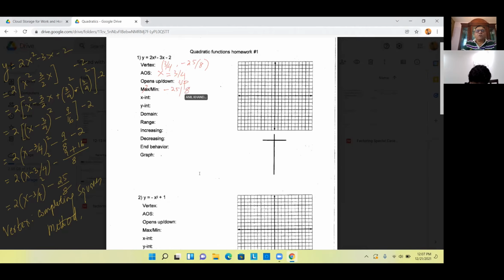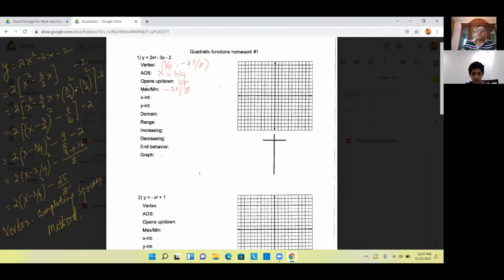What is the x-intercept for this particular function? How will you find the x-intercept? You have to add 25/8 to both sides and then you solve it. Correct. So from the axis of symmetry, you got this value, right?